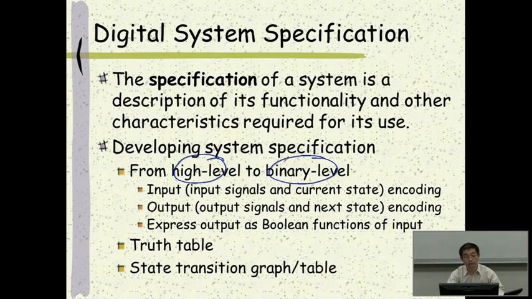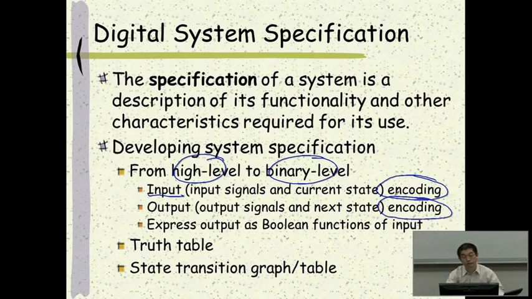We have mentioned systems normally take input from the real world, and the real world is analog. So the first step we need to do is convert these analog signals to digital. And then for digital signals, sometimes we still have to do an encoding. So this is the input encoding. And also when the system outputs feed back to the real world, we also want to do an encoding.